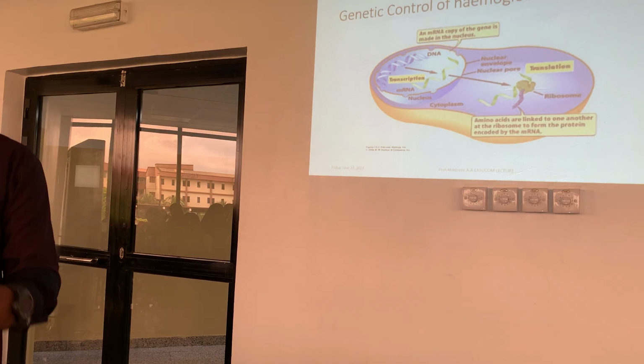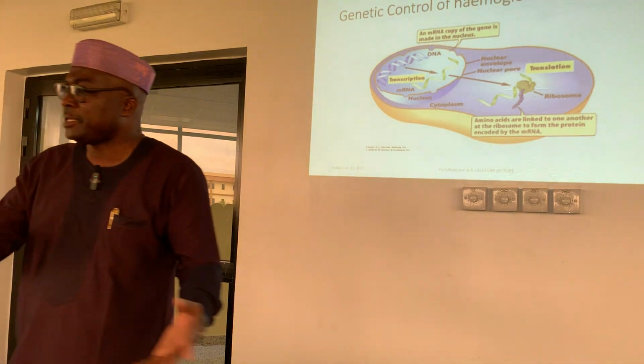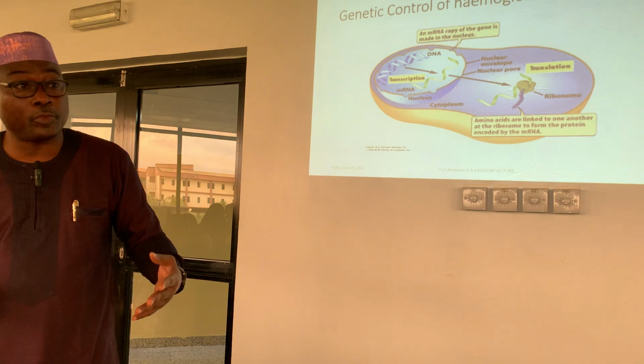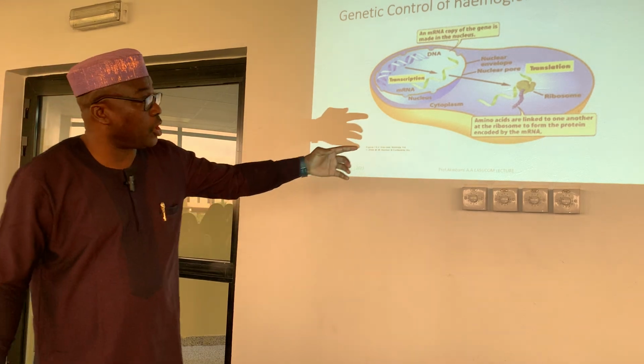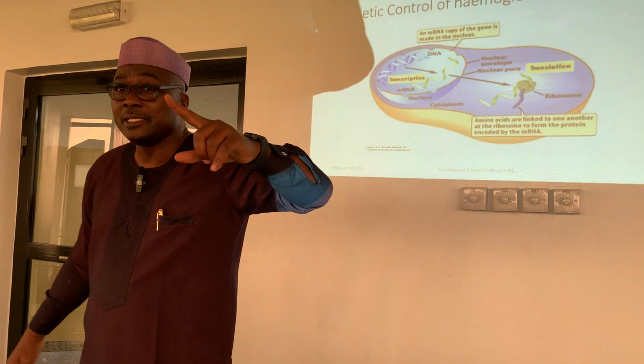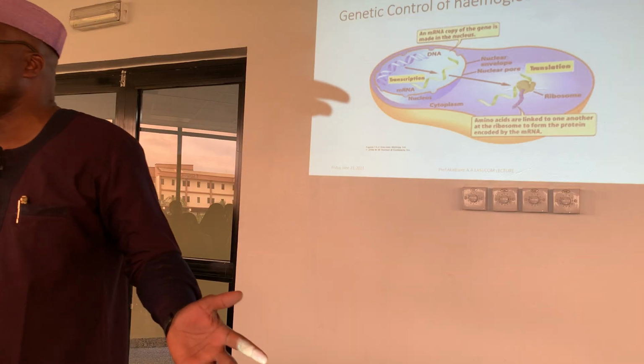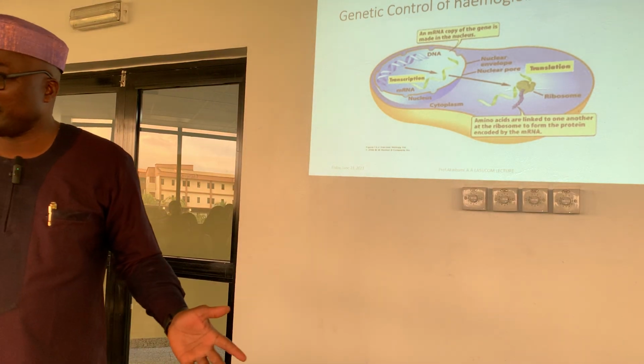No thymine replacement, normal hemoglobin. But if you have thymine replacing adenine, you are going to produce hemoglobin S, because in your end product of the protein, you have valine replacing glutamic acid. I hope that is clear.